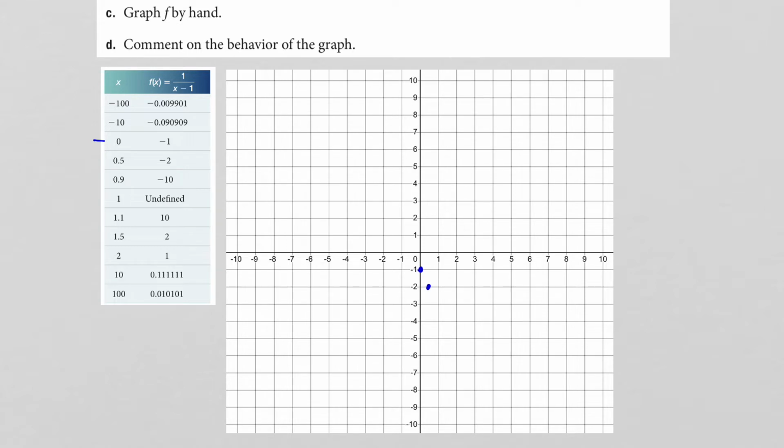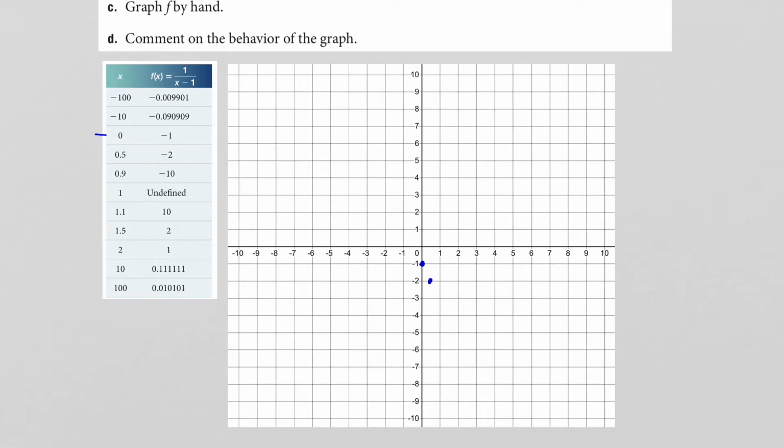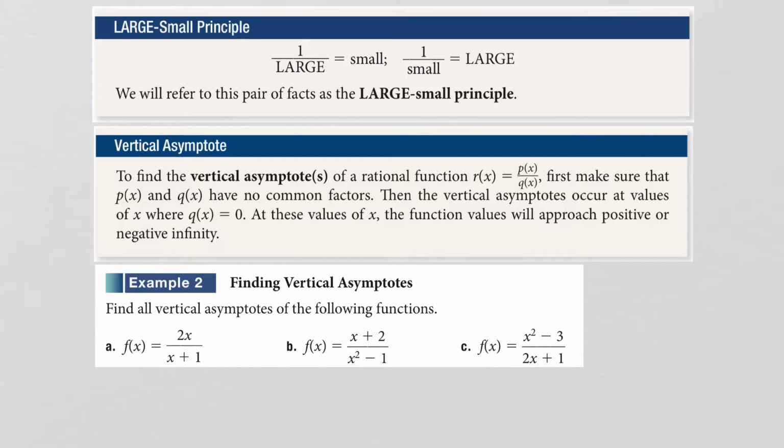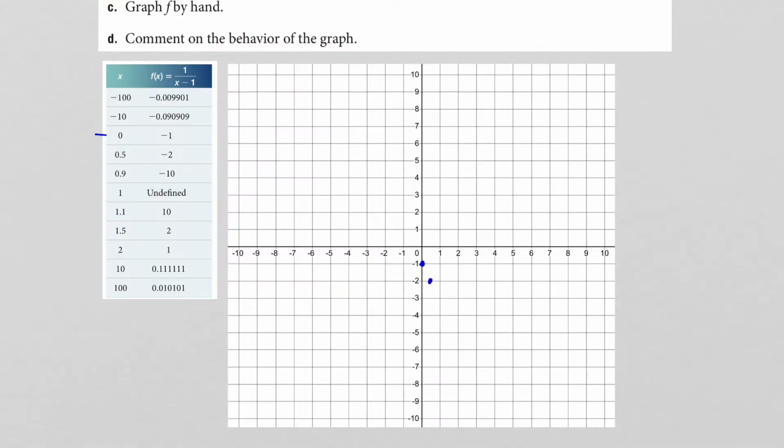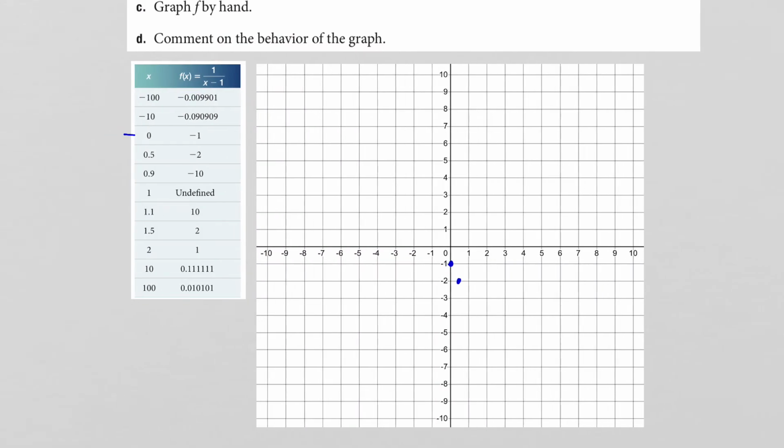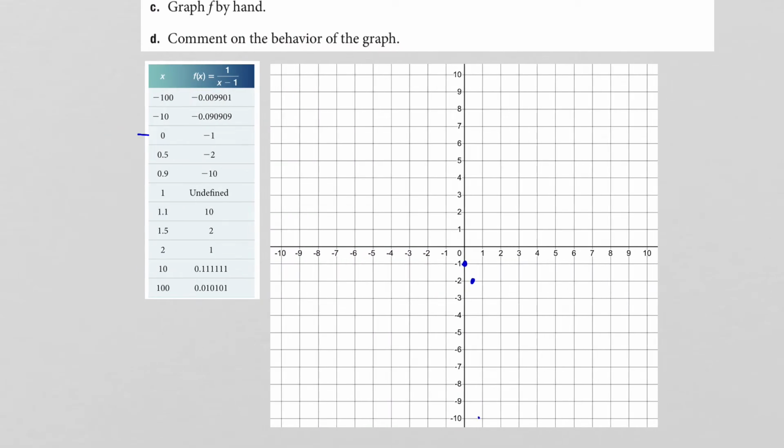At 0.9, which is just a little bit to the left of 1, so 0.9 on the x-axis is right about there, and the y value there is negative 10. So we'll drop down and put in that y value there. Oops, sorry about that. We got on the wrong page there. All right, so that's where that value is.